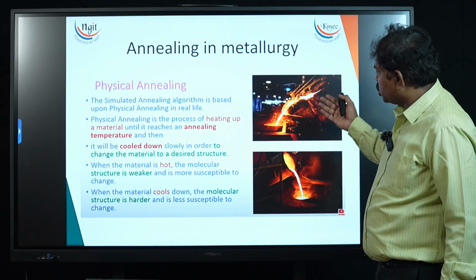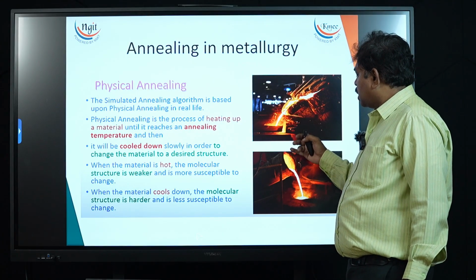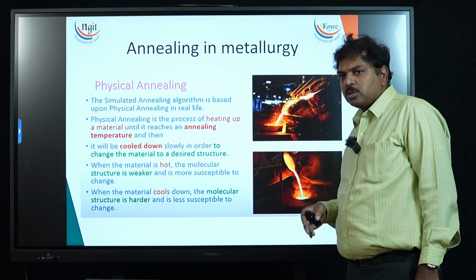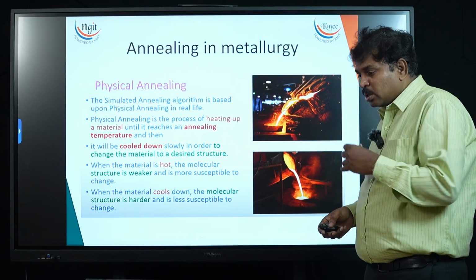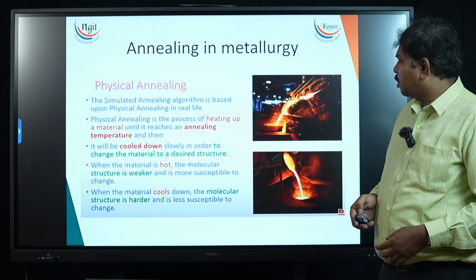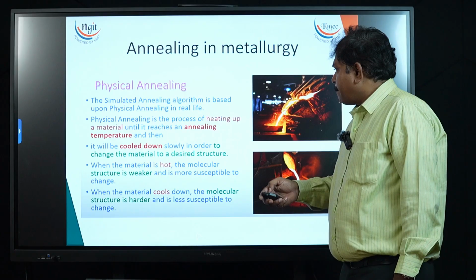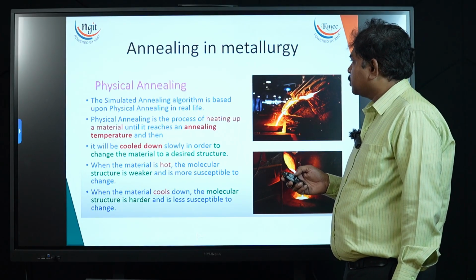When in a hot condition, the molecules of this metal are weaker, and during the cooling process the molecules become strong. The same process we now apply analogously to our AI problem solving environment.